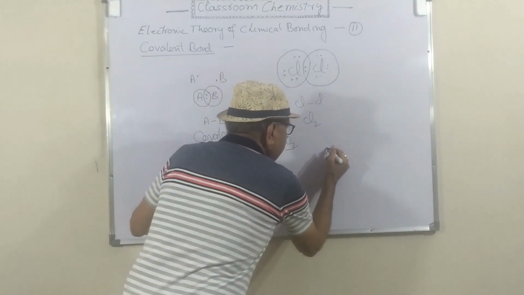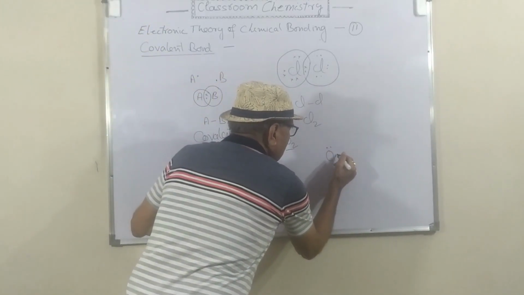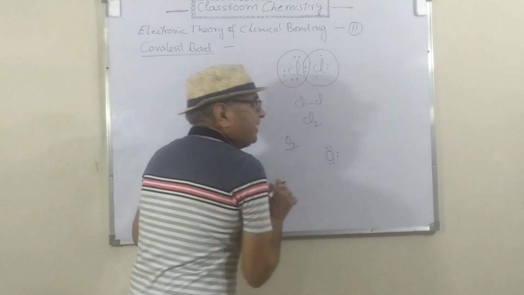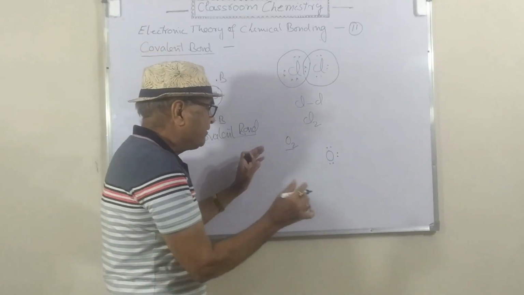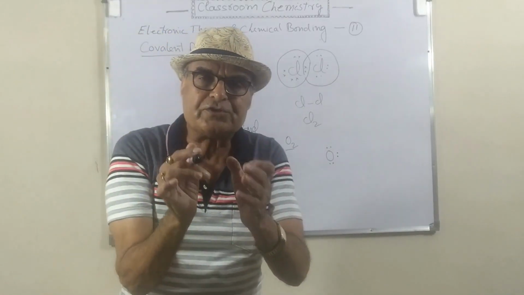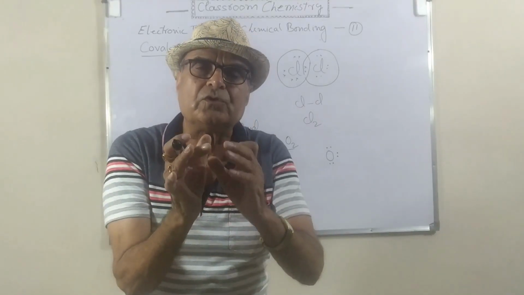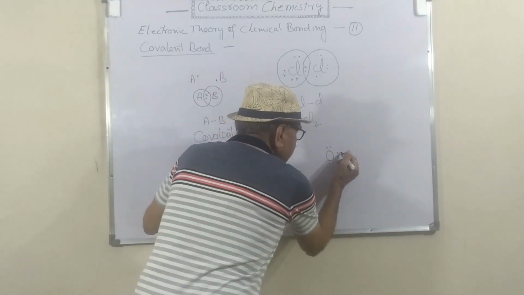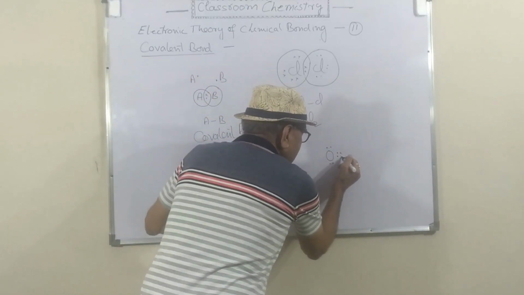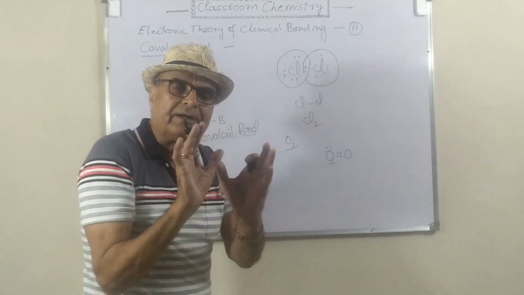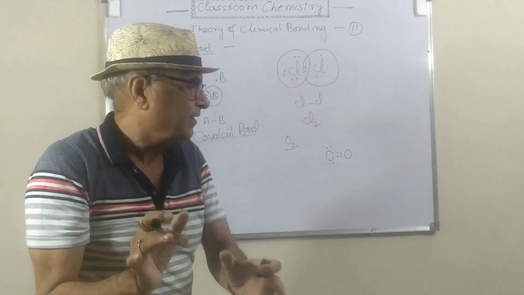These are the 6 electrons. The second oxygen will also have 6 electrons. So each oxygen requires 2 electrons to complete its octet, and 2 electrons of each oxygen atom will take part in the sharing.